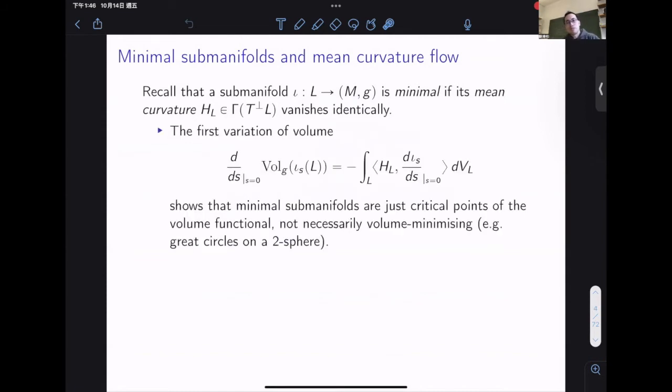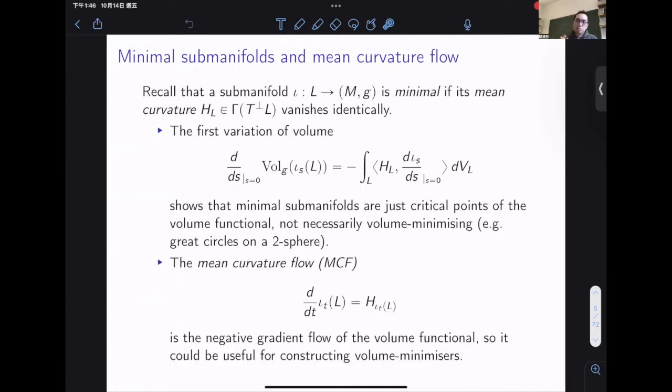And by the first variation of volume, one can show that the mean curvature vector plays the role of the negative gradient vector field of the volume functional, and therefore the minimal submanifolds are critical points of the volume functional, and therefore they are not necessarily volume minimizing. For example, you can consider the great circles on a two-sphere, and they are minimal, but clearly they are not volume minimizing.